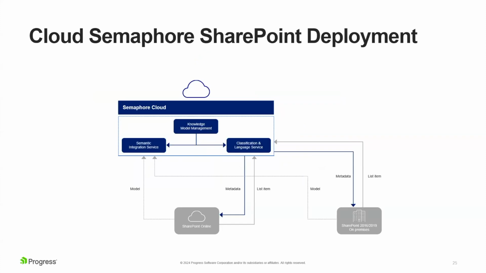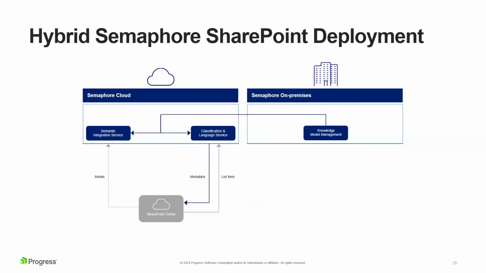Some organizations are uncomfortable with placing their IP in the form of knowledge models into the cloud. So in this situation, the knowledge model manager can sit on premise, happily talking to the classification and language service, which is running in the cloud, enriching content held in SharePoint Online. So any deployment pattern you have for SharePoint, Semaphore can support that.